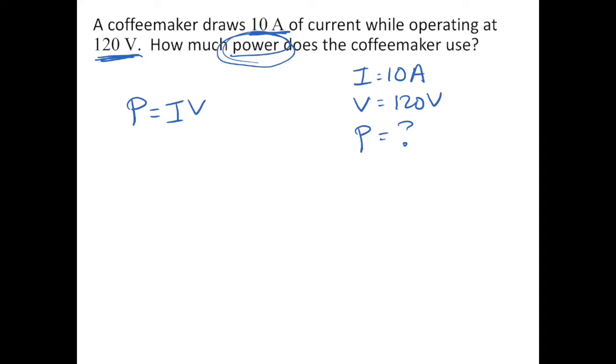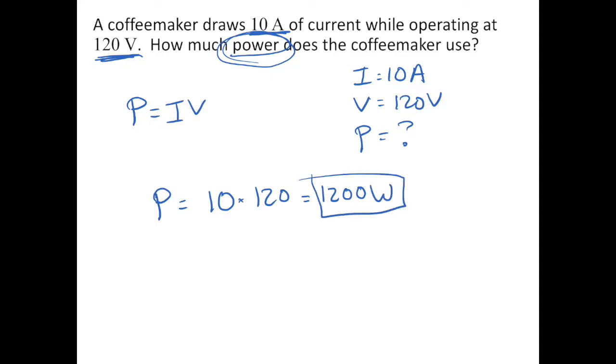And fortunately, we don't have to rearrange it at all because we're looking for power. So P equals 10 amps times 120 volts. So you get 1200, and power is in watts. 1200 watts. That's a lot of watts. So that's a lot of energy at one time.